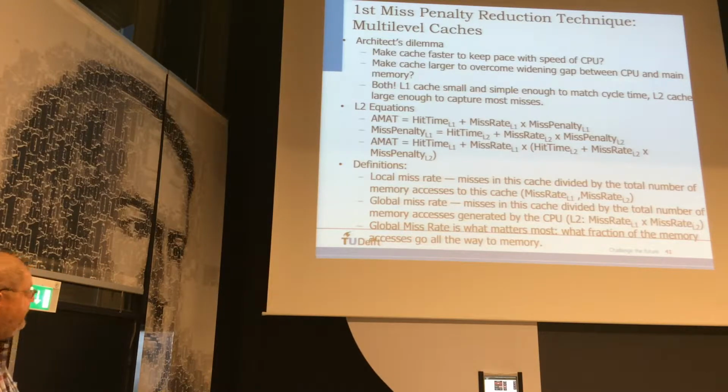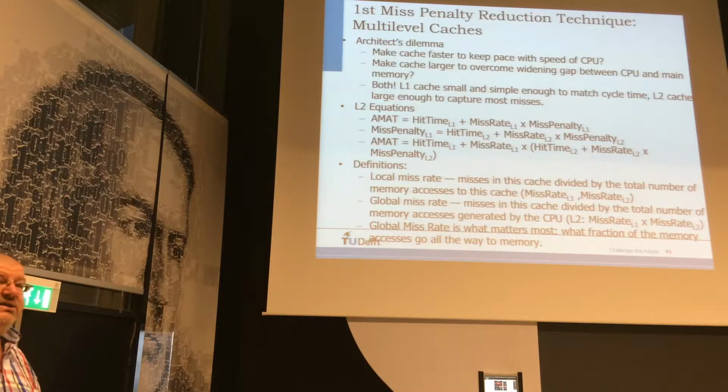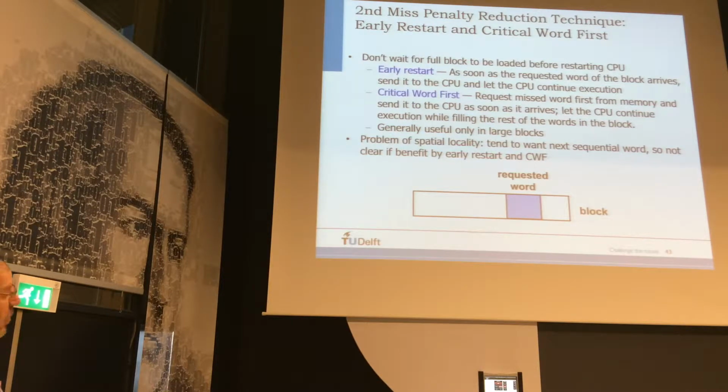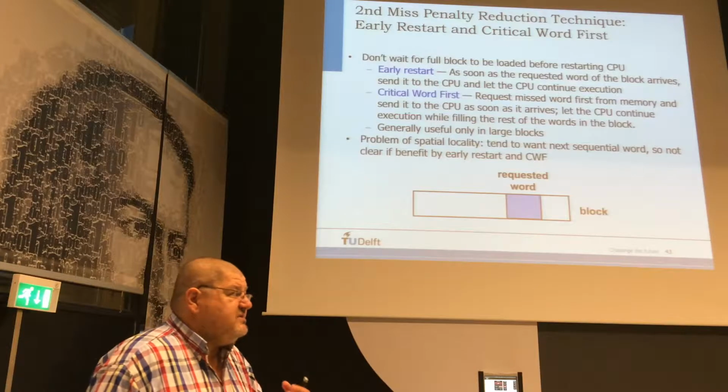Okay. Now, by building such a hierarchy, I'm hiding the latency, and I'm making a gradual transformation between a fast system and a slow system. And in this way, I'm solving the miss penalty. Now, what can I do more to deal with the miss penalty?